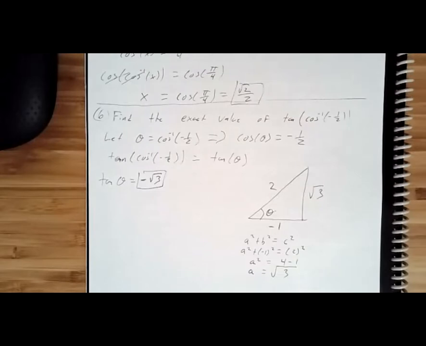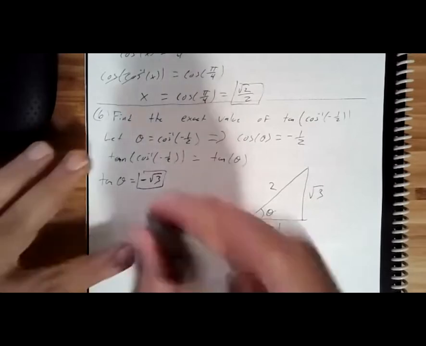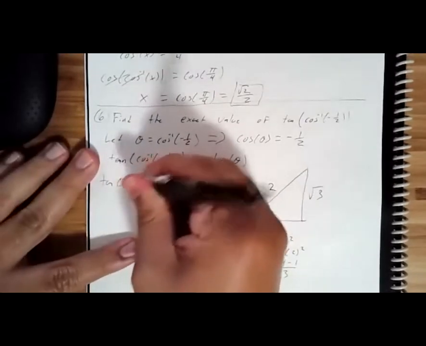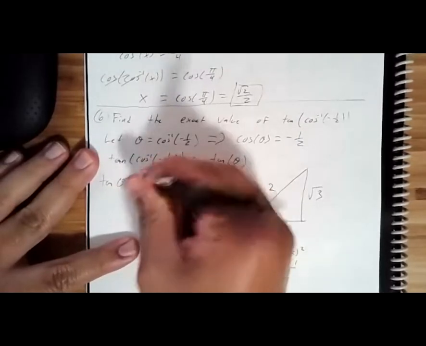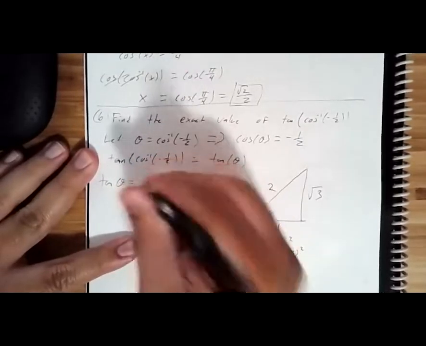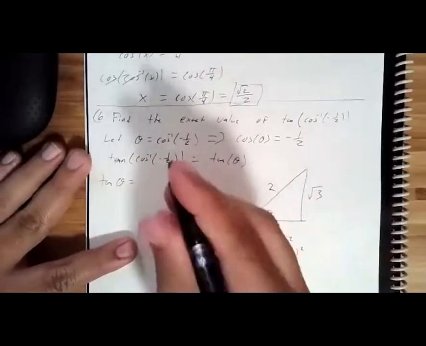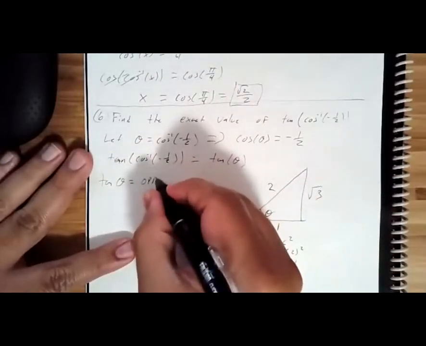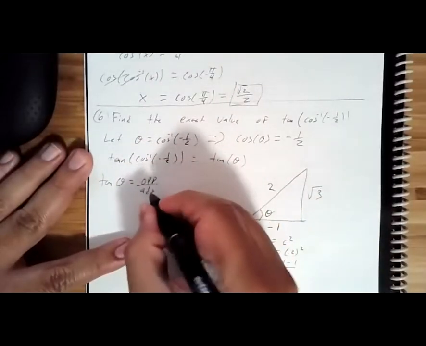Sir? Yes. I'm sorry, sir. Why is the square root of 3 negative? Oh, so now let me show one extra step for you. So this will be opposite over adjacent, right?